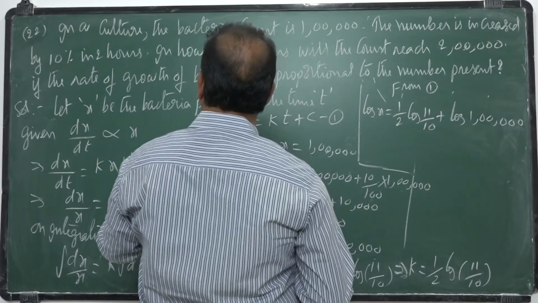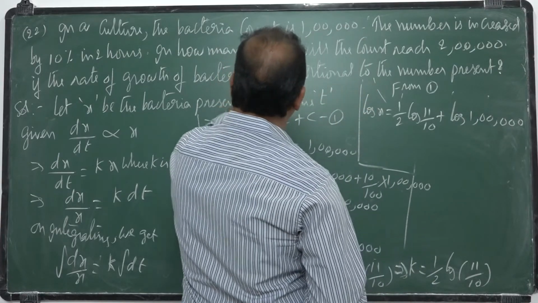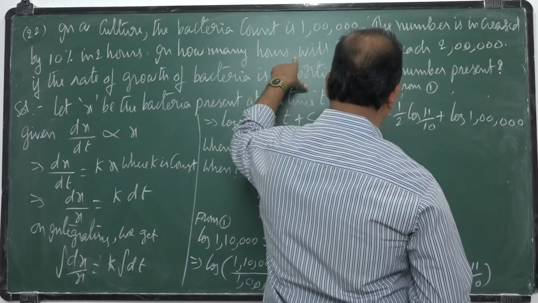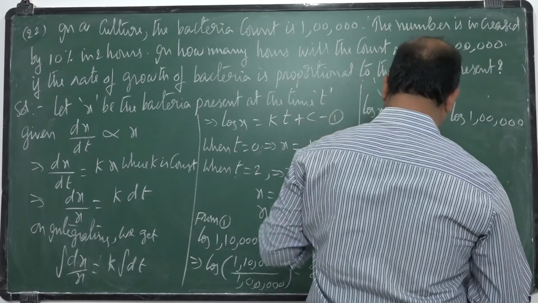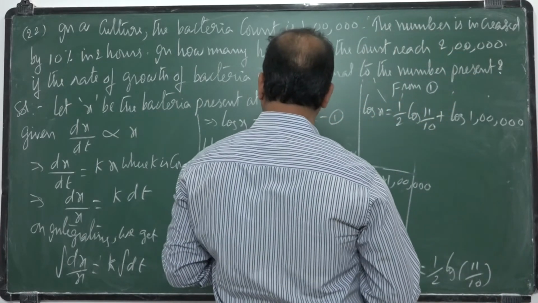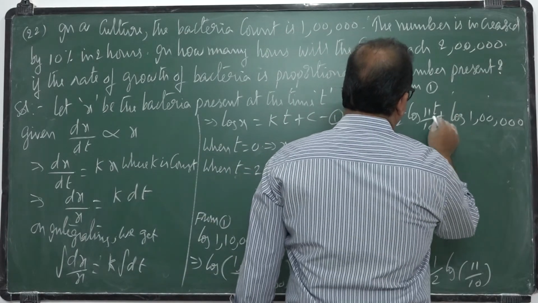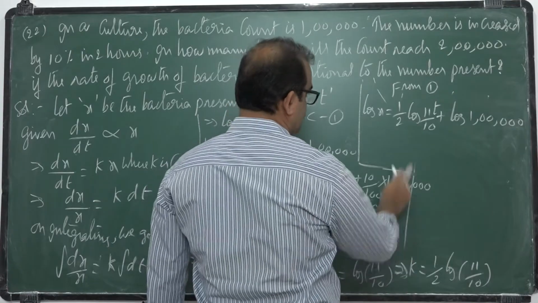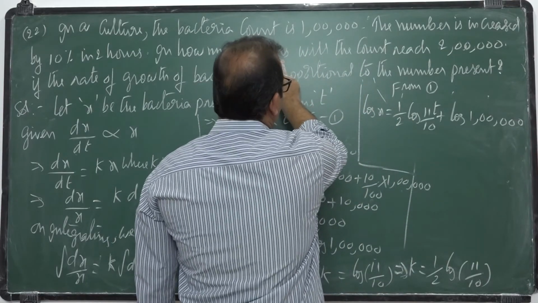Now we find in how many hours, find the value of t, the count reaches 2 lakhs. K into t, here there is t. Substitute k value.